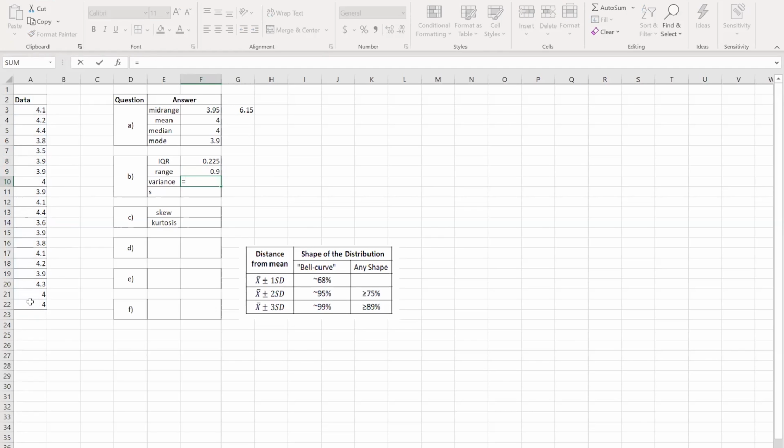Variance is calculated with the VAR.S. Close parenthesis. Standard deviation is the STDEV.S, for our sample. Close parenthesis, enter.